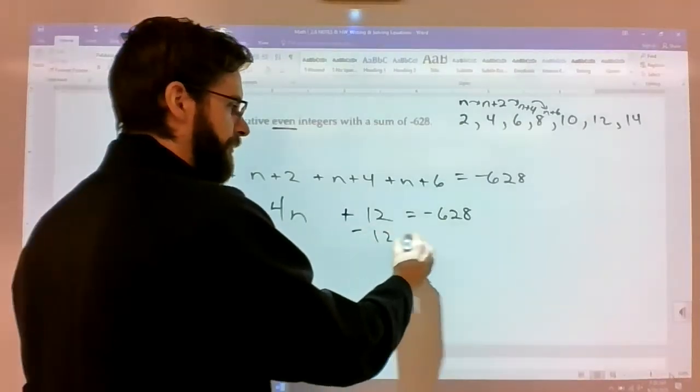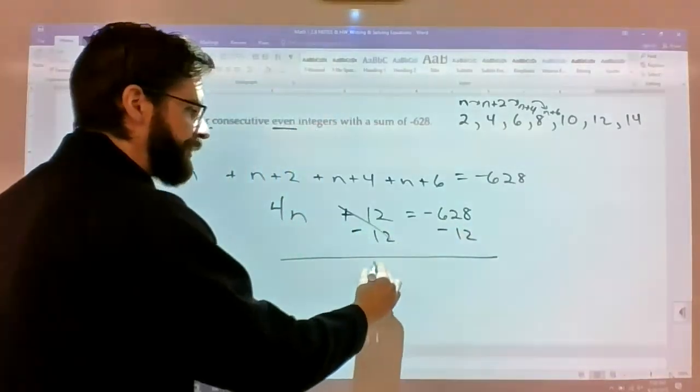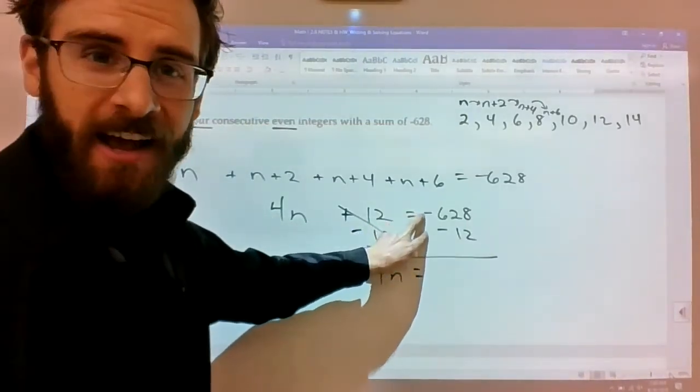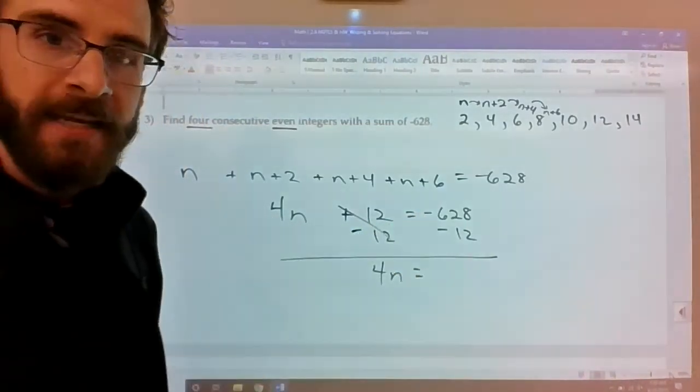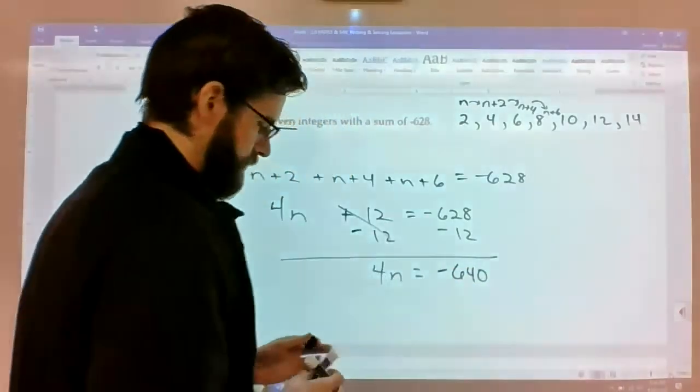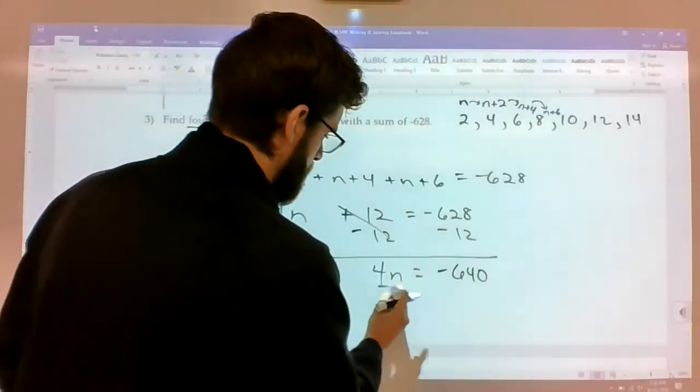So subtract 12 from both sides, and you get 4n is equal to negative. Again, same sign means add the 2, so this is going to end up being negative 640. Divide both sides by 4.